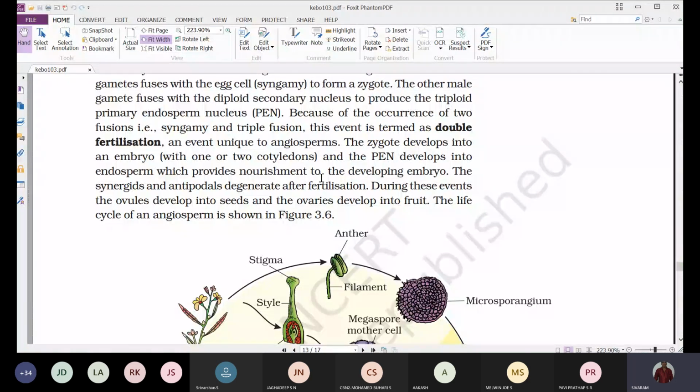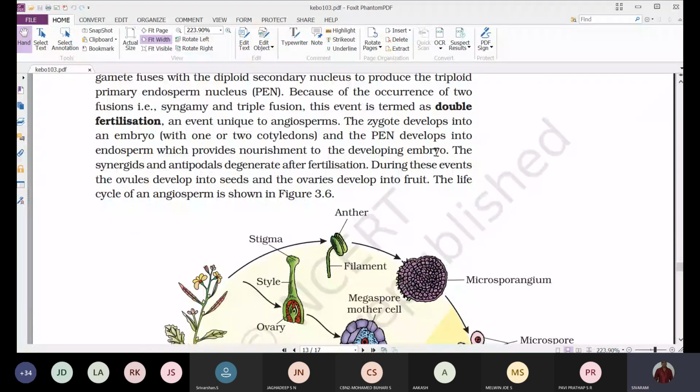And next, after fertilization, we'll find that the embryo sac consists of synergids and antipodals, because the egg cell is no more, as it is converted into embryo, and the polar nuclei are no more, because they fused to form the secondary nucleus, and finally fused with the second male gamete and formed the primary endosperm nucleus.